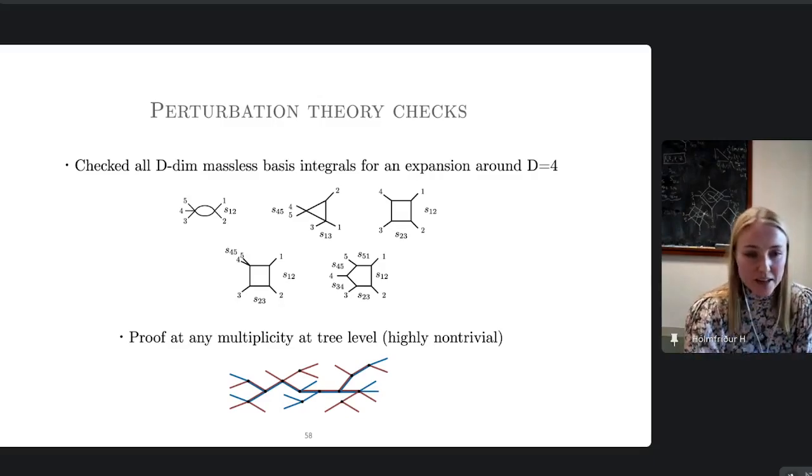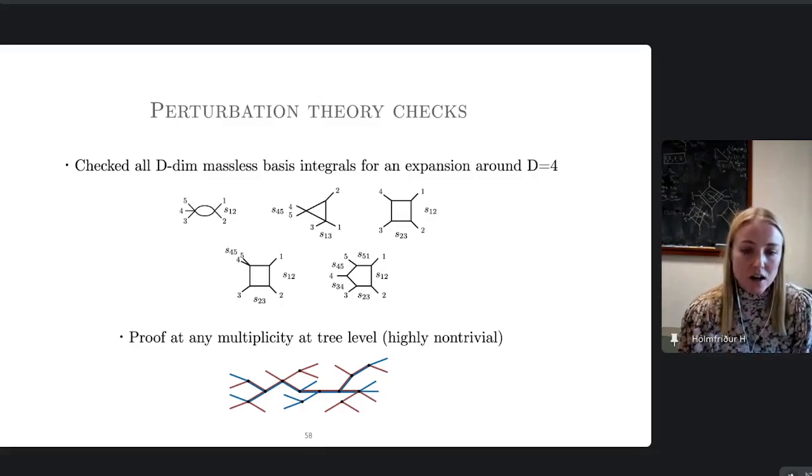And then we have a proof at any multiplicity at tree level. And again, this might sound trivial, but keeping track of the combinatorics is actually highly non-trivial. And yeah, so that's what we have in our paper.